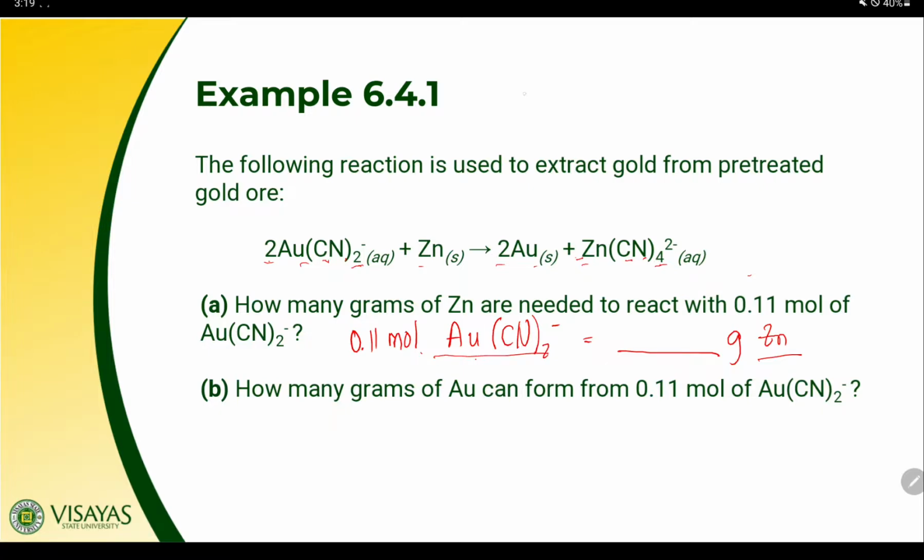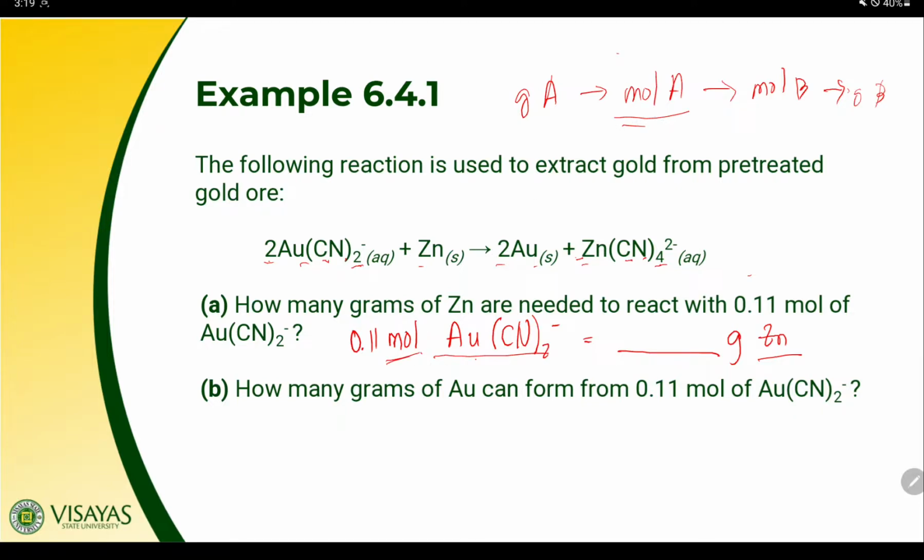Diba? In the schematic, we have gram A, then that becomes mole A, then convert to mole B, and lastly to gram B. So in this case, we start with mole A. No? We're already in mole because the given is in mole.